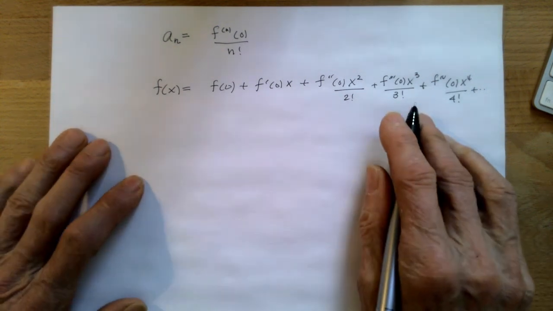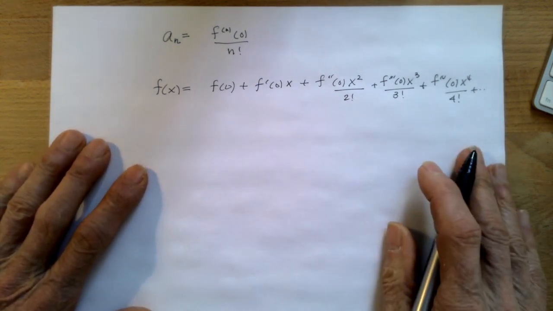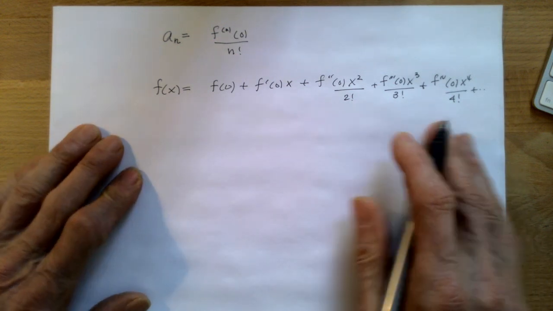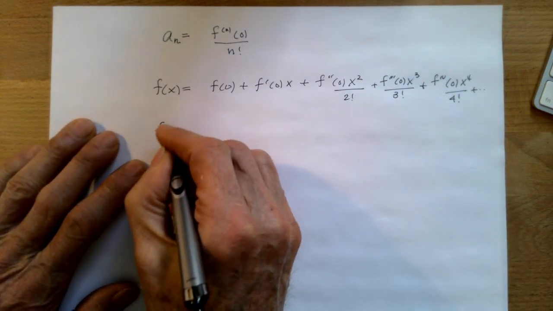That is called the Maclaurin series. It's a special case of the Taylor series. We can write it out in a closed form.